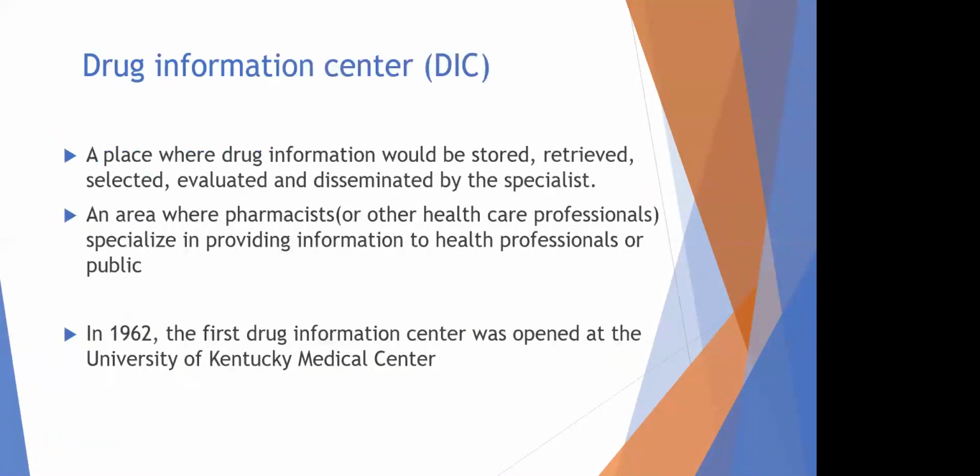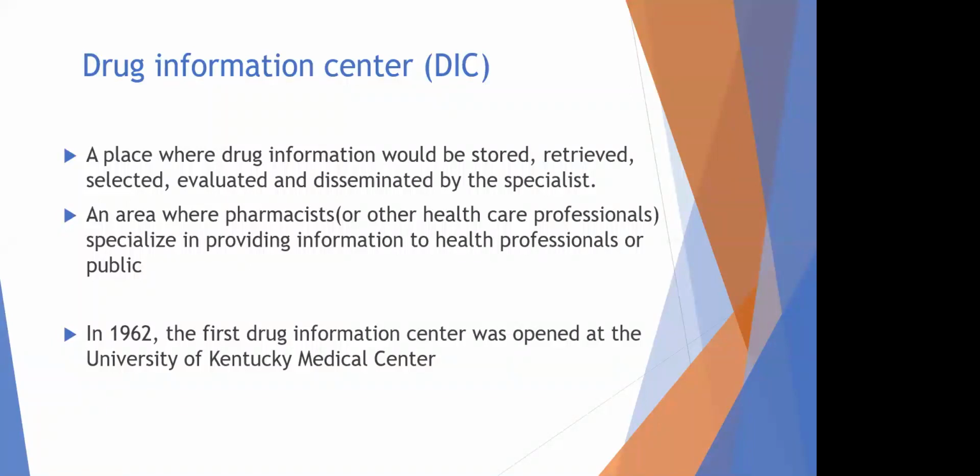Then we can now talk about the drug information center, which as I explained earlier, is attached to a place. So we can define a drug information center as a place where drug information will be stored, retrieved, selected, even evaluated and disseminated by the specialist.